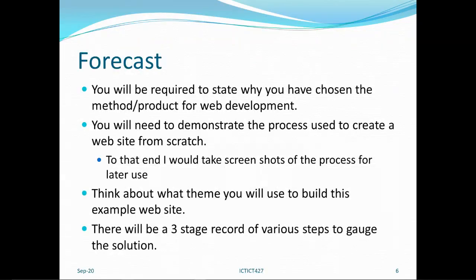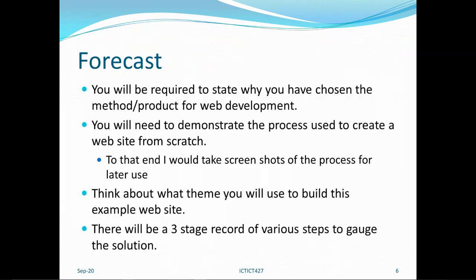Okay, so we'll be stepping through how you've come about coming up with a solution for a standard website design process for your organization, and how you go about creating a website.